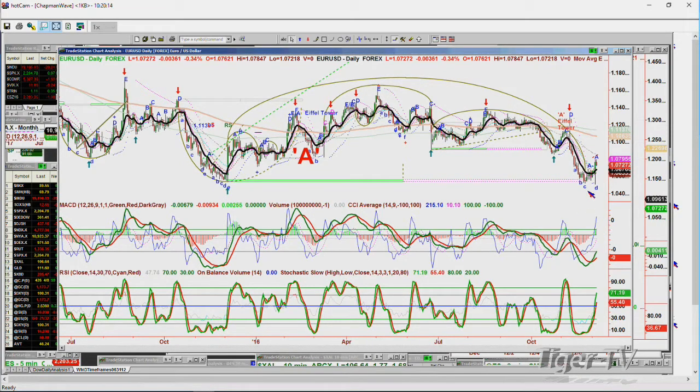Takes you to right about there where we broke down for just a tad, and then we closed above it. And we've done that twice now, 3 times. And that takes you to the 24th of November.